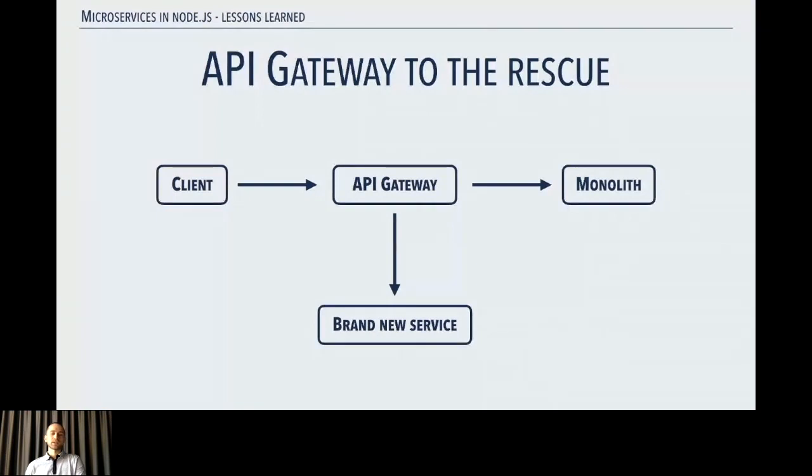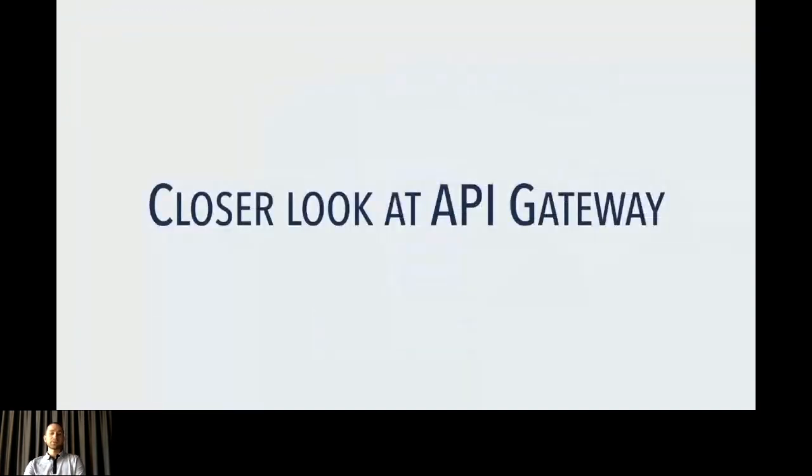And actually, it's good to know that those monolithic applications and these services can coexist, as long as we develop new things, and eventually we have only a microservice-based application, so we can get rid of our monolithic application. But of course, it's not as simple as it seems to be. So let's take a closer look at the API gateway pattern, which is quite interesting and actually quite the first thing to do in our project.